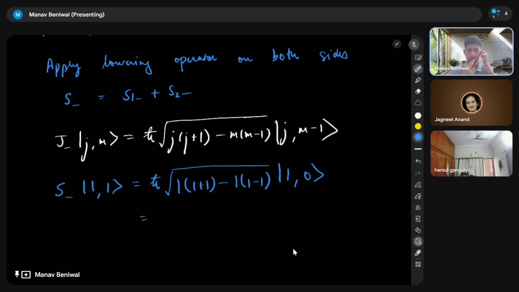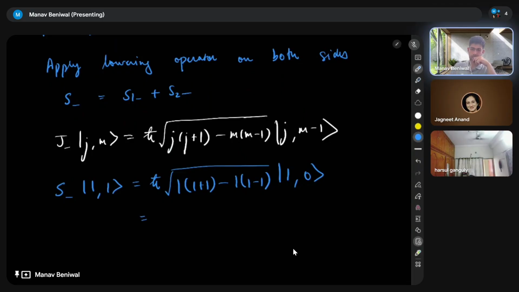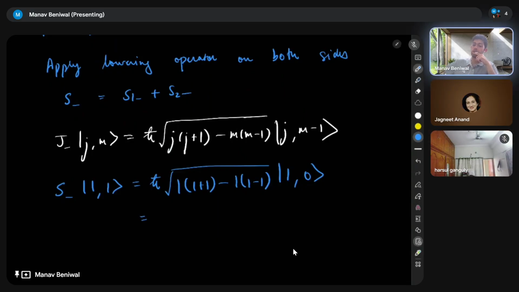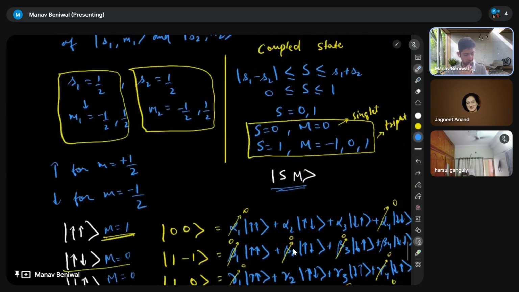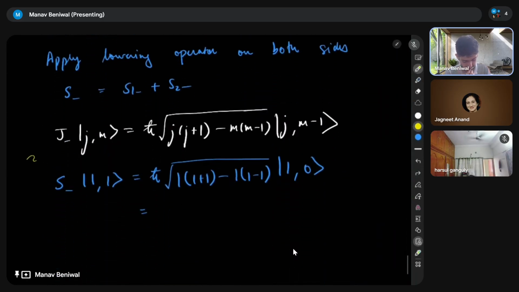Shall we take half instead of j, it is s? S is given as spin half. Yes, so you are right, we'll take half when we are doing the right-hand side here. Right now we are doing it for the coupled state. Let me write, maybe then it will be clear.